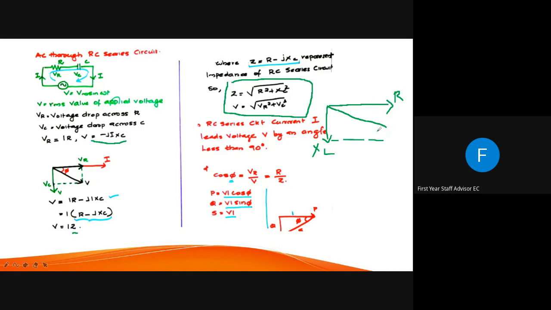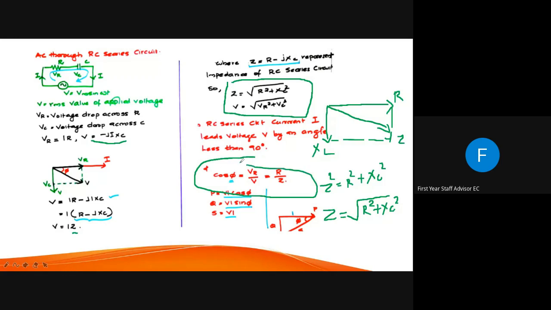As per the triangle law, hypotenuse square is equal to adjacent side square plus opposite side square. So Z is equal to square root of R square plus XC square. Everything else remains the same because this formula is the same for both the RL circuit and the RC circuit.